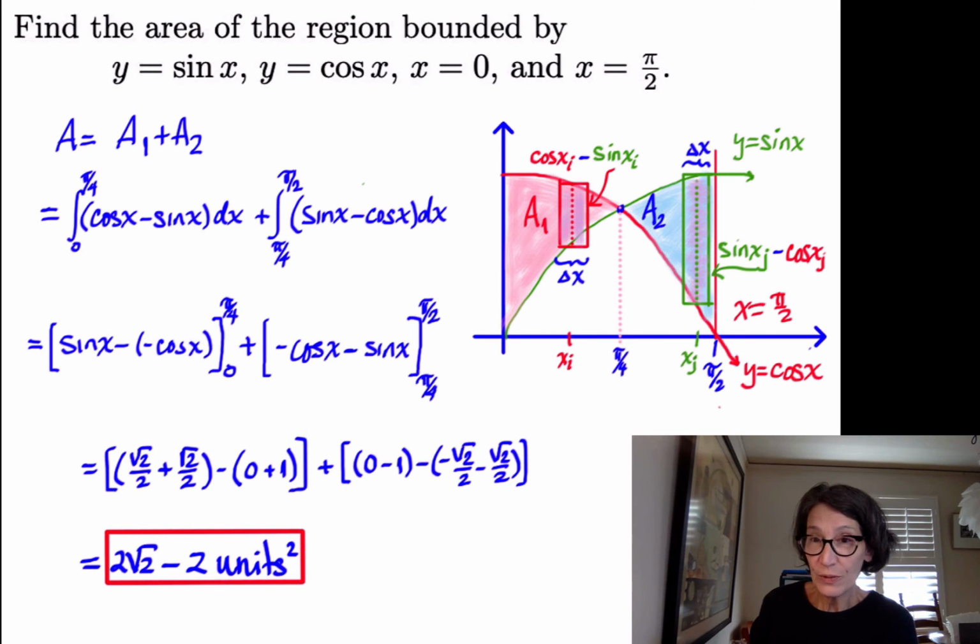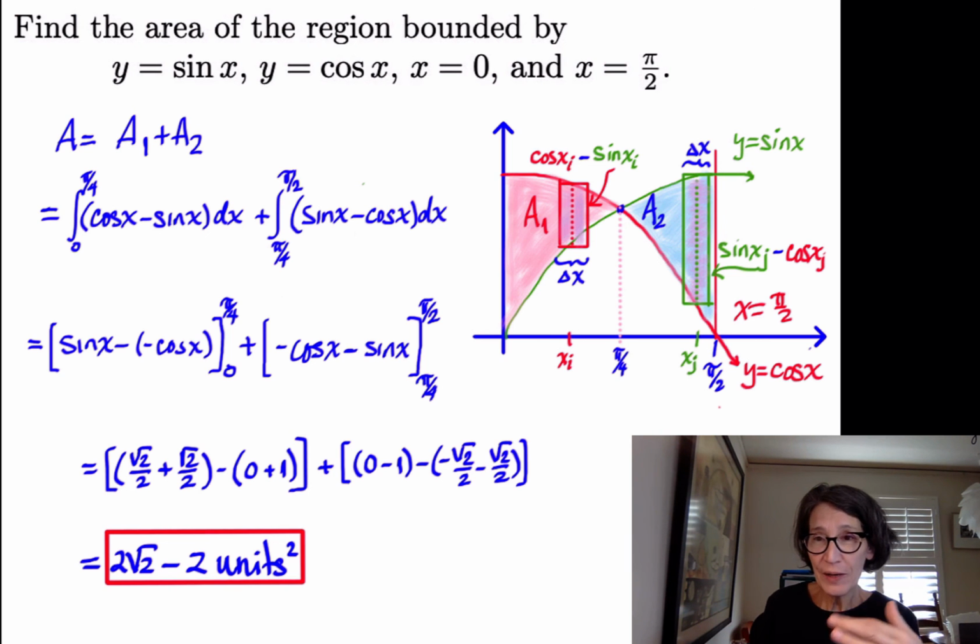So remember, always sketch the region and visualize representative rectangles. If your curves cross, you may have to split it up into multiple definite integrals. You always want your area to be positive.